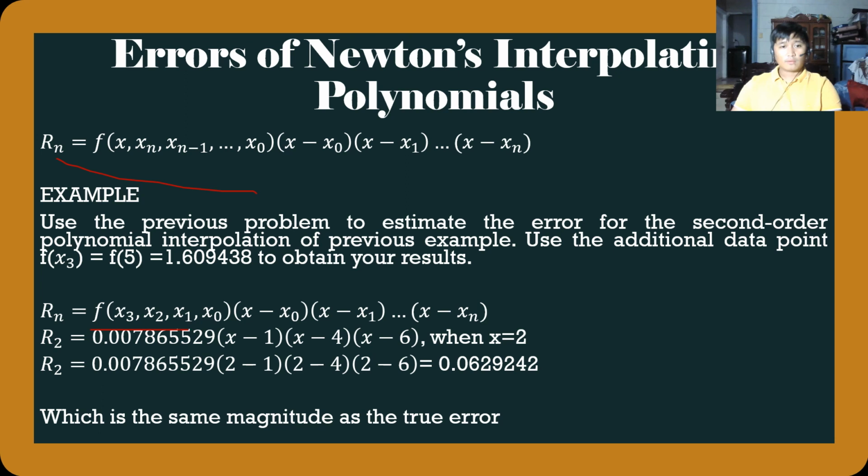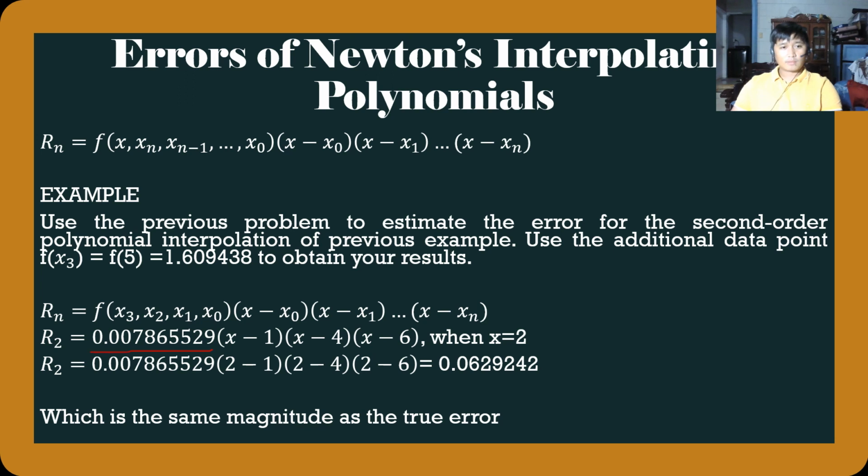So r sub n, this one, so f of x of 3, x sub 2, x sub 0, times this one, copy here. Since our n is up to 5 only, our equation is times 0.